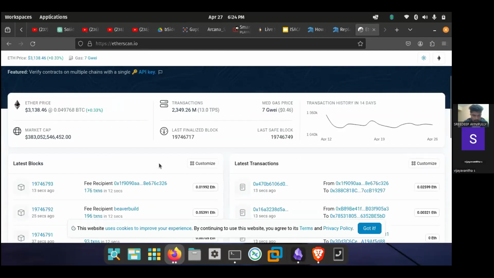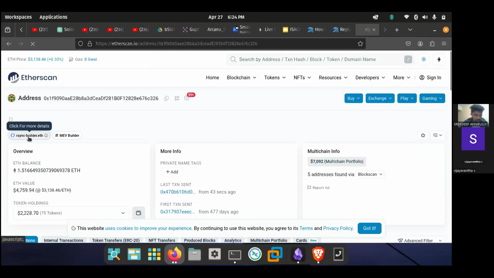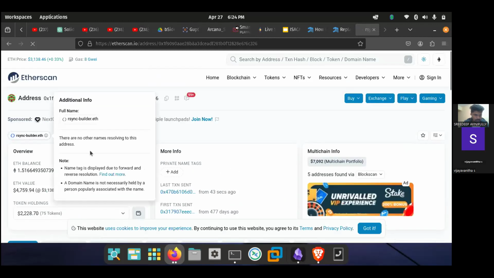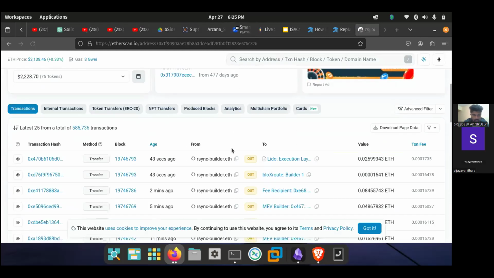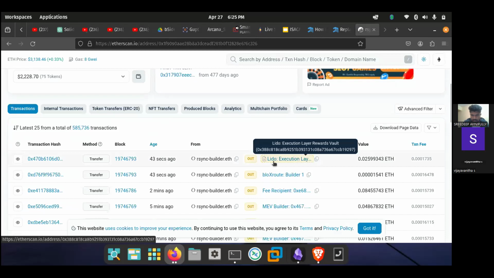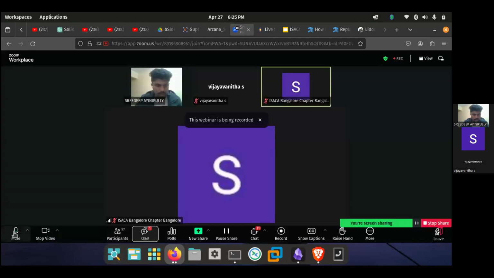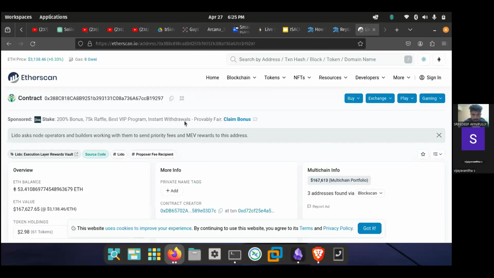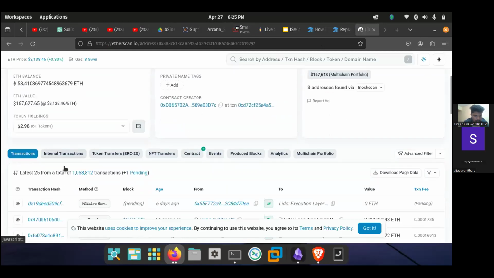But if you click on here, let's see. If you click on, yes, this is my exchange token transfer. Transaction.